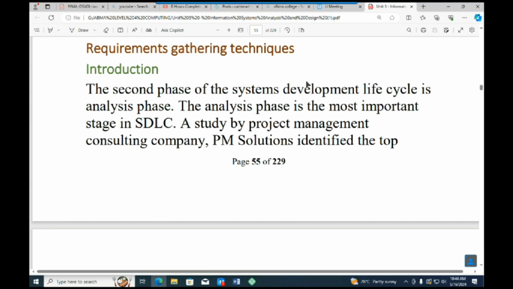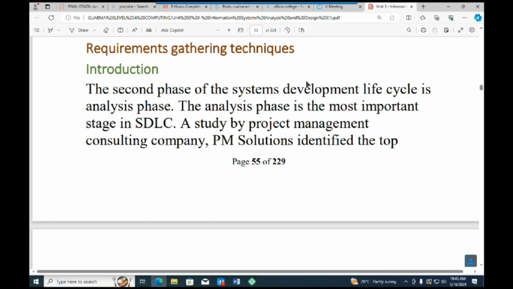Okay, after the planning phase, of course, we have a phase that comes next in the software development life cycle, and that phase is the analysis phase.